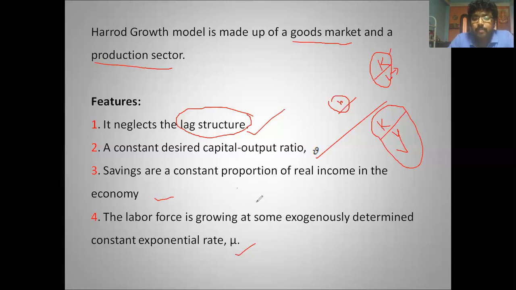So savings is constant, or savings are a constant proportion of real income. On the basis of the permanent income hypothesis, this assumption is made. Now, the fourth assumption is that the labor force is growing at some exogenously determined constant exponential rate. That is, labor force is increasing at a rate of mu. So these are all the features on the basis of which the Harrod model will be explained.